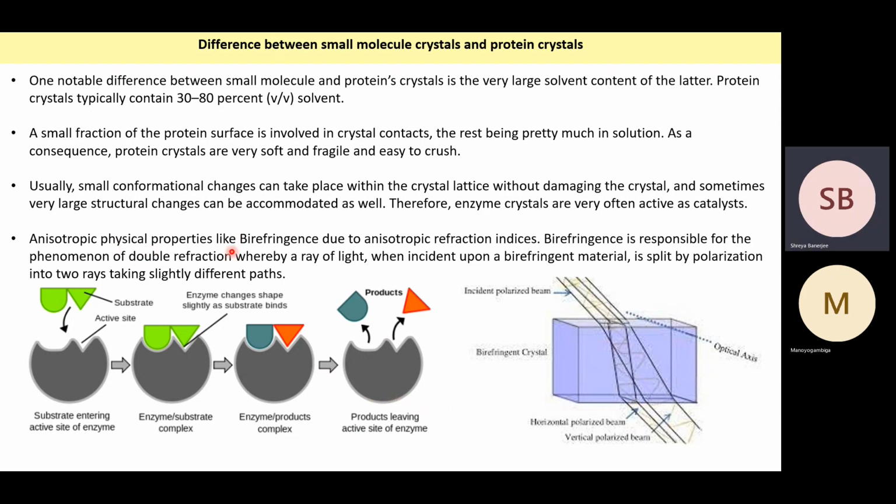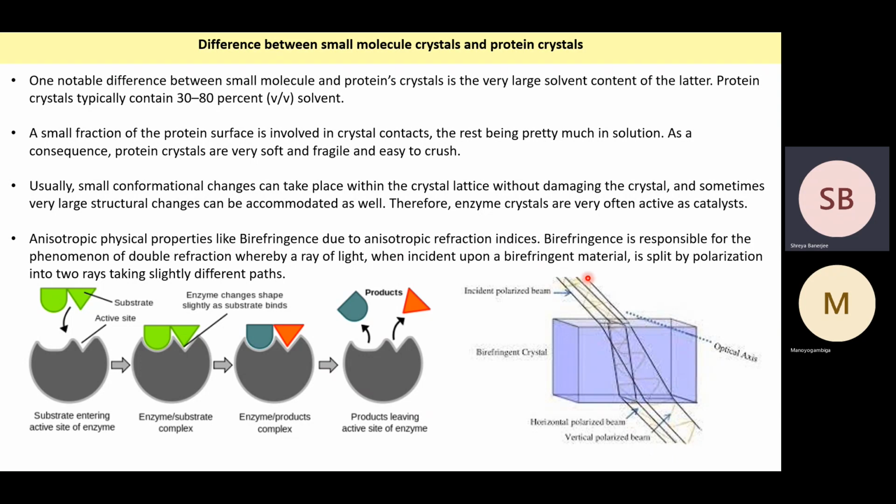Another thing is that in protein crystals, there are certain anisotropic physical properties like birefringence due to the anisotropic refraction indices. So birefringence is basically when you have an incident light and due to the difference in refractive indexes, it is split into two beams of light when it exits the protein crystals.